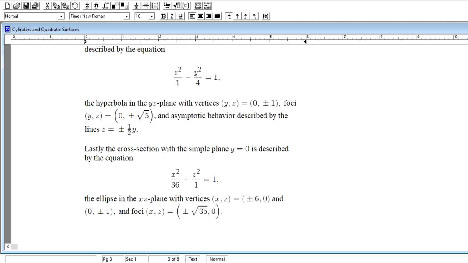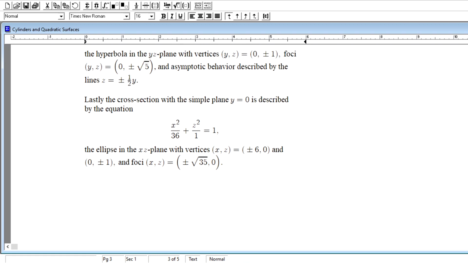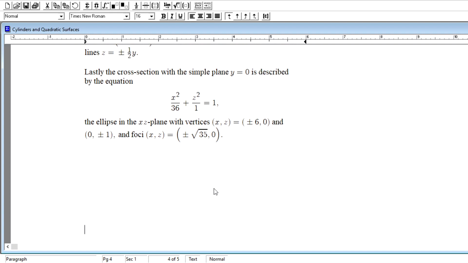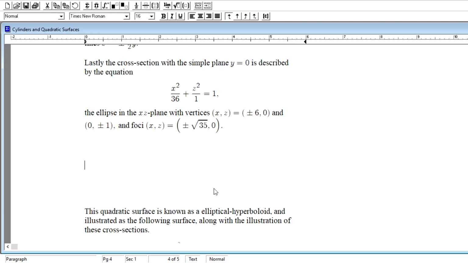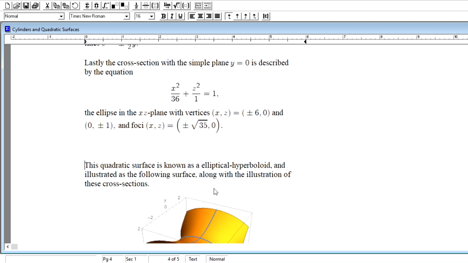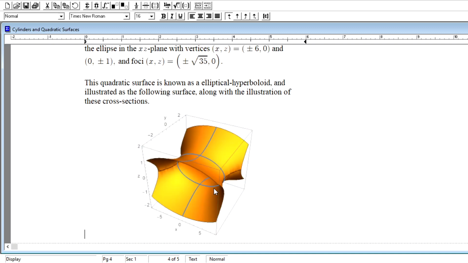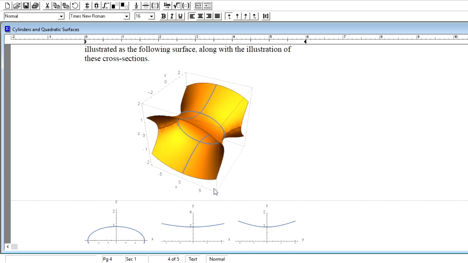Now let's go down and look at this elliptical hyperboloid. Right? What does an elliptical hyperboloid look like? Here's the shape of an elliptical hyperboloid. Right?